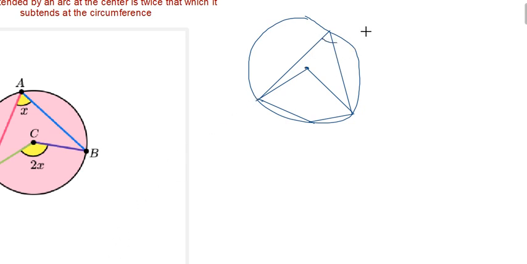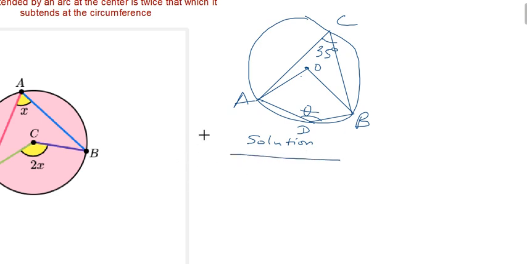We are given this place to be 35 degrees, and we have to calculate the value of this place, theta. How do we go about it? This is very simple. Let me label it: this is A, B, C, and this place D. Then the center, let me call it center O.